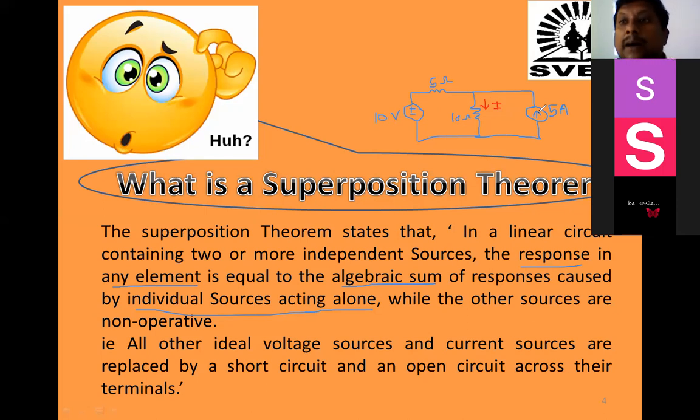So it will give the combined effect and that will give the current I. But I want to find out what will be the current flowing through 10 ohm only due to 10 volt. Can I find it? I want to find out how much current will flow through 10 ohm only due to 10 volt. Can I find it? Are you understanding this concept?